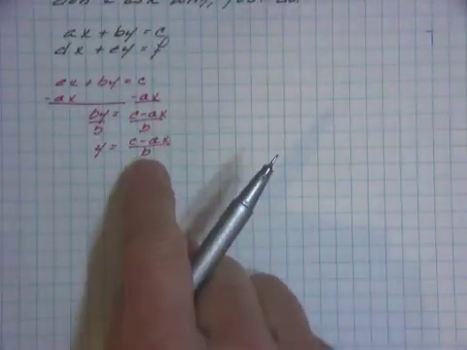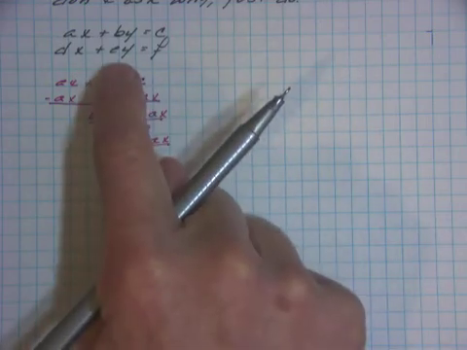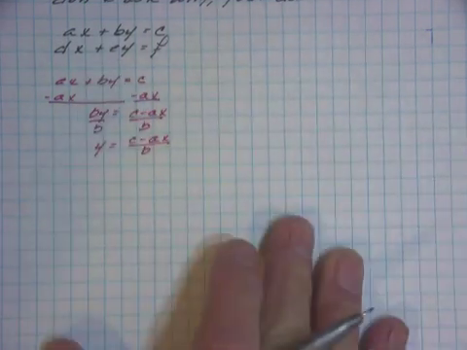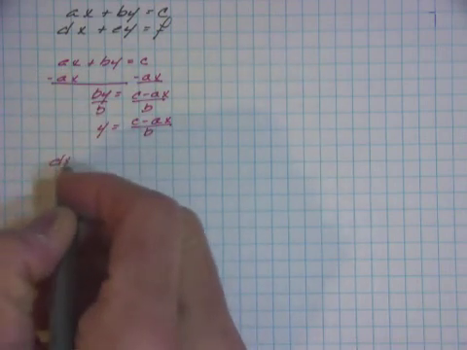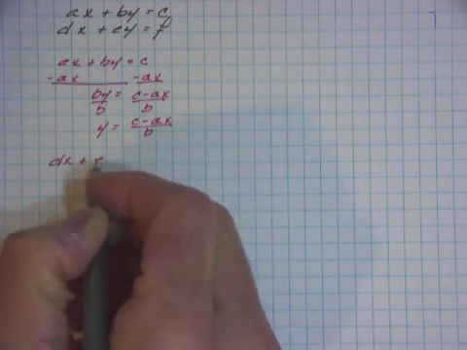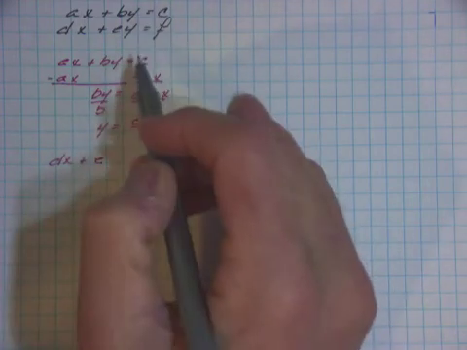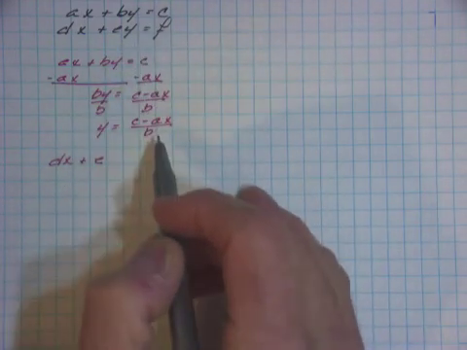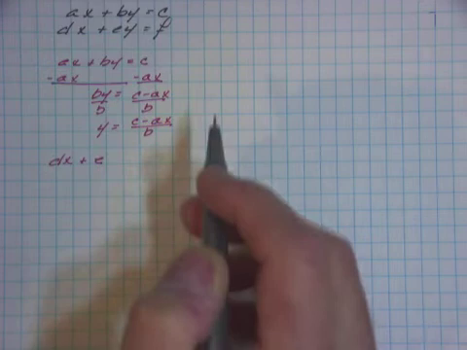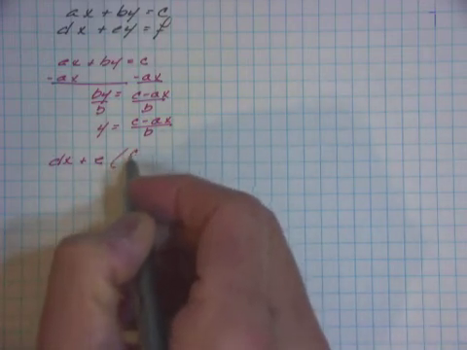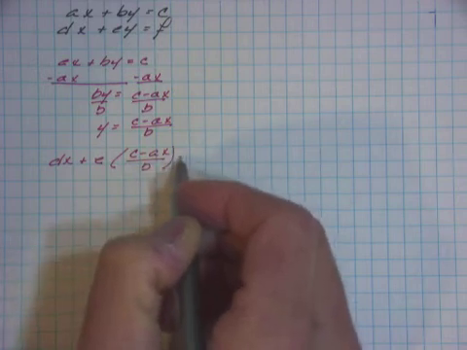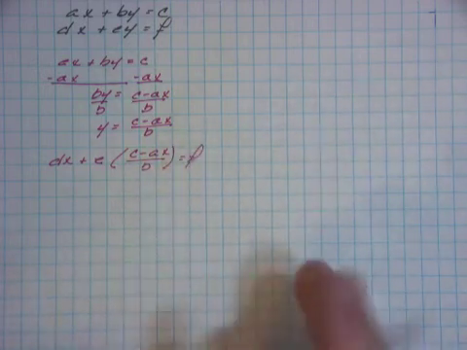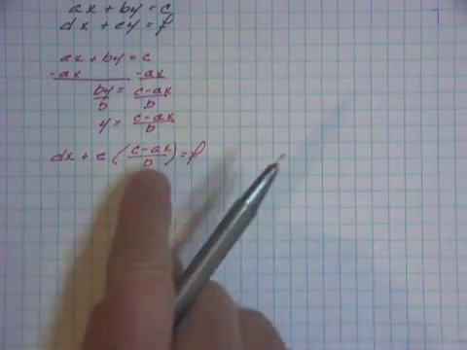Now I'm going to plug that value for y into the second equation and solve for x. So the second equation says dx plus ey. I'm going to take that out and replace it with c minus ax over b. So we've got dx plus e times c minus ax over b equals f.